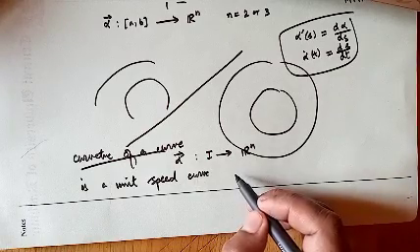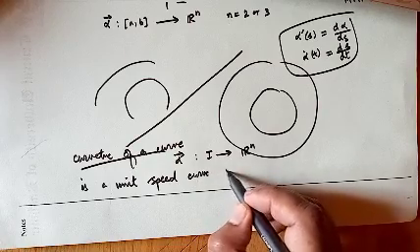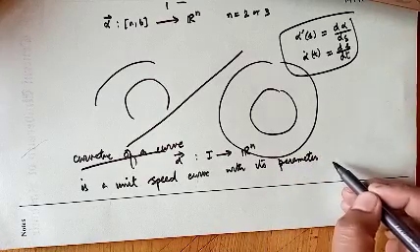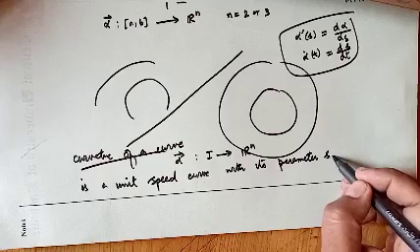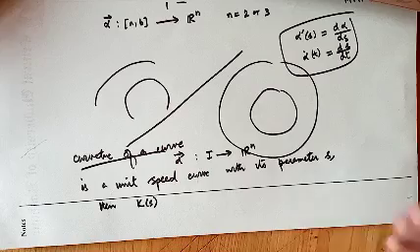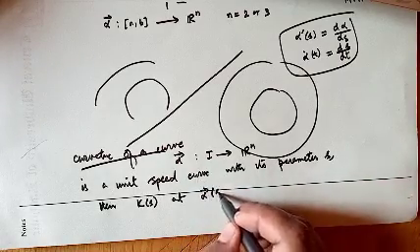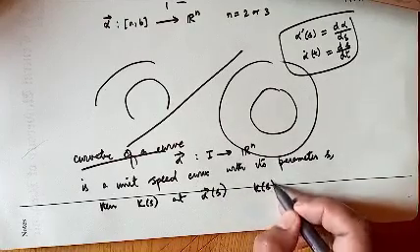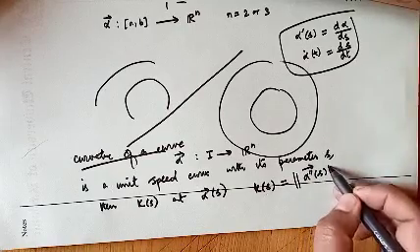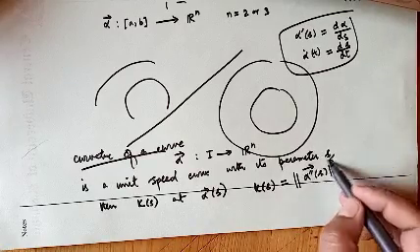Then, with its parameter s, which is almost always arc length, the curvature k of s at a certain point of that curve is simply the magnitude of the second derivative of alpha with respect to s. So that is the definition of our curvature.